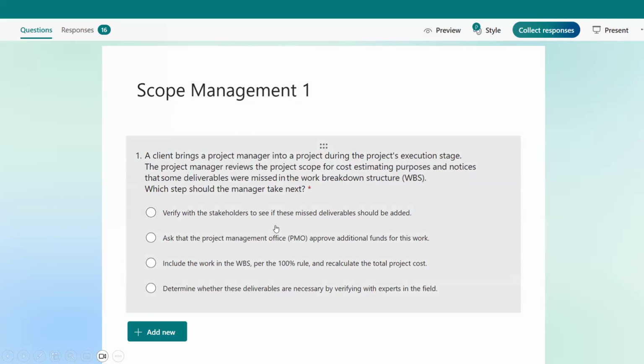Option A, verify with the stakeholders to see if these missed deliverables should be added. Option B, ask the project management office to approve additional funds for this work. Option C, include the work in WBS per the 100% rule and recalculate the total project cost. Option D, determine whether these deliverables are necessary by verifying with experts in the field.